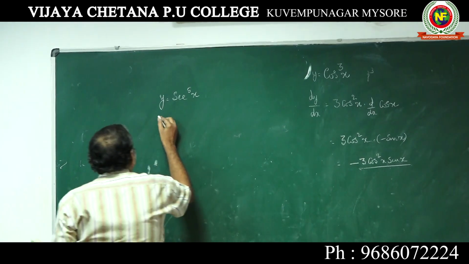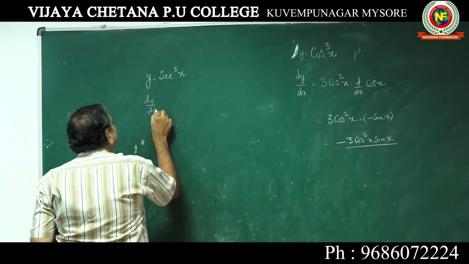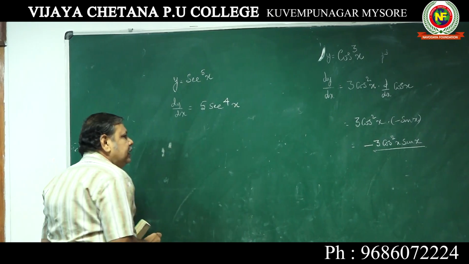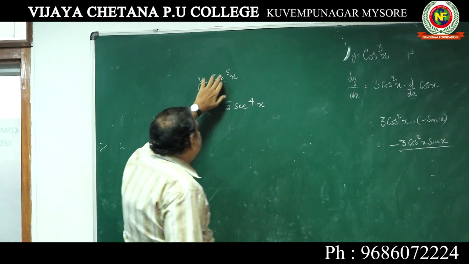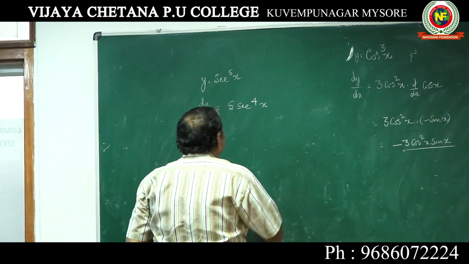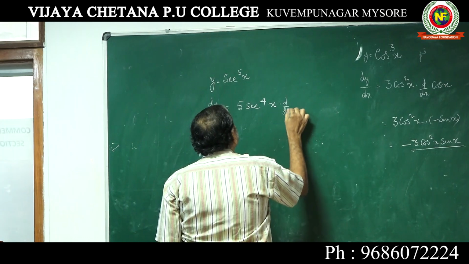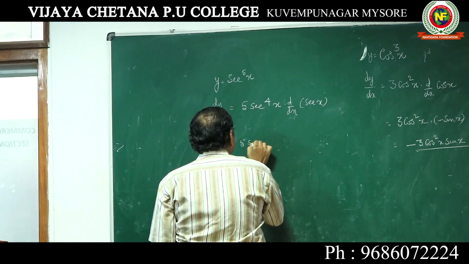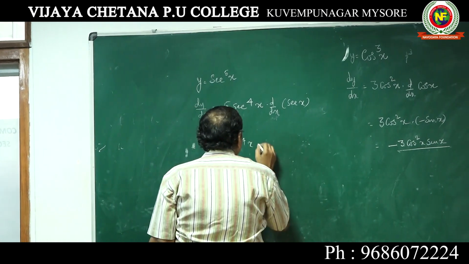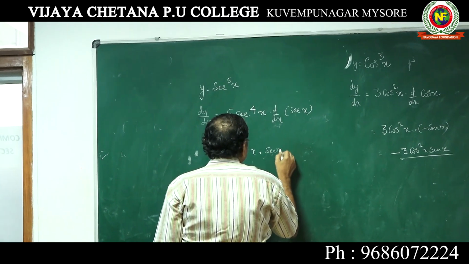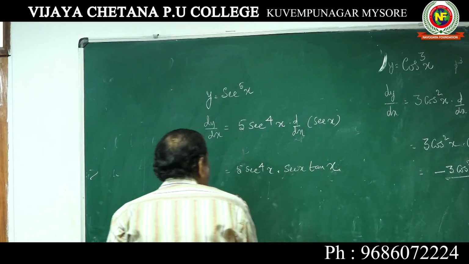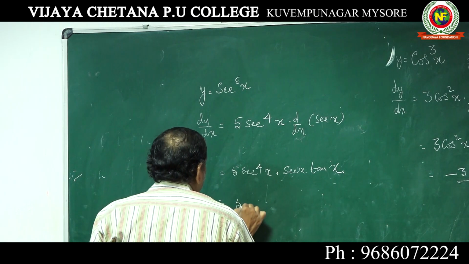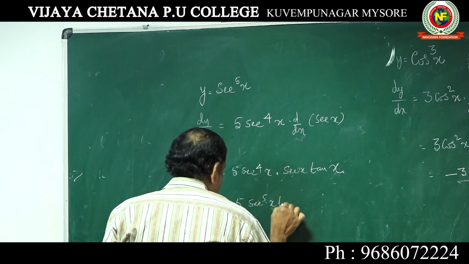So dy by dx is equal to 5 secant to the power of 4x into d by dx of secant x, which is secant x tan x. Now you can multiply secant to the power of 4 and secant x. You can write it as 5 secant to the power of 5x tan x. This is the answer.